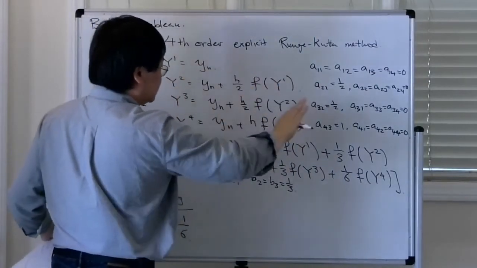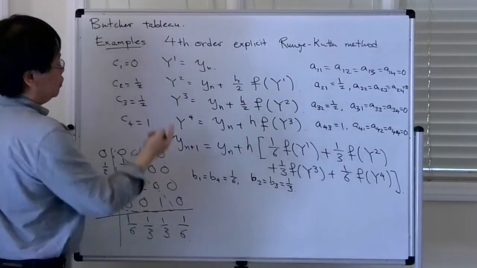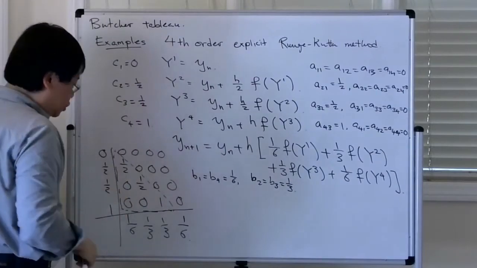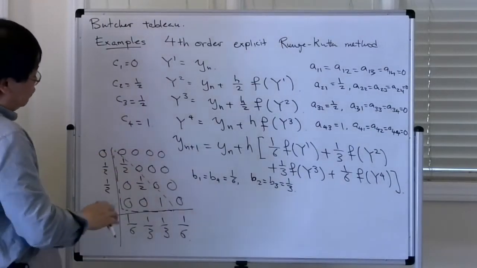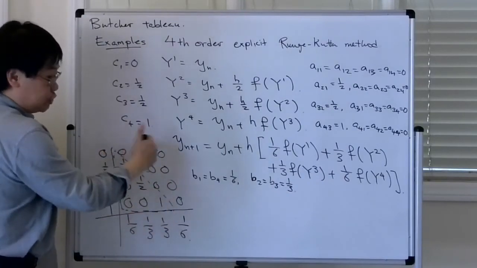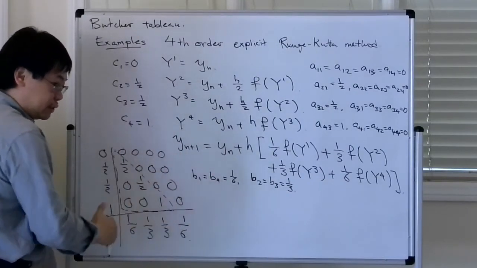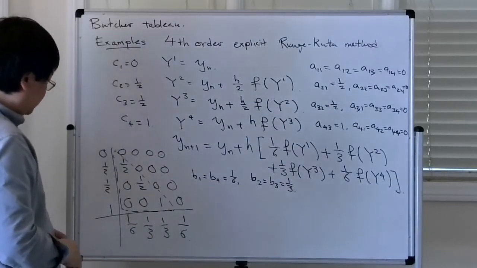The right-hand sides only invoke things which you know from the previous equations. So it's consistent with what we know, that the structure of the A matrix, if it's strictly lower triangular, corresponds to an explicit method.